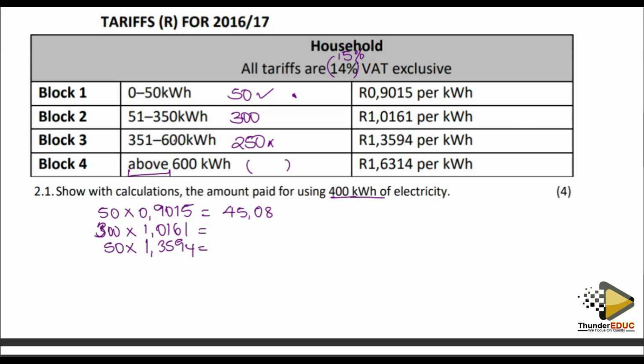Whereas the 300 times 1,0161, you get your answer as 300 rands 83 cents. And the last one, which is 50 times 1,3594. We add up as we did the other time.